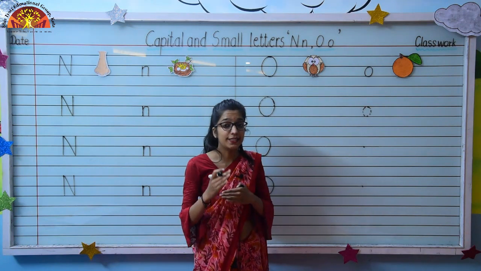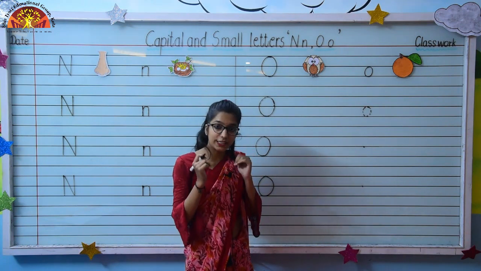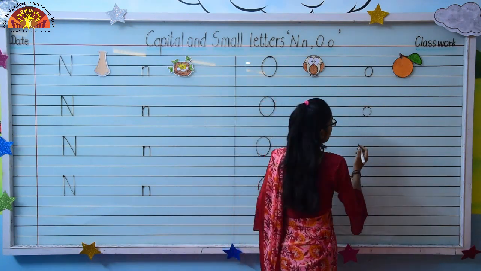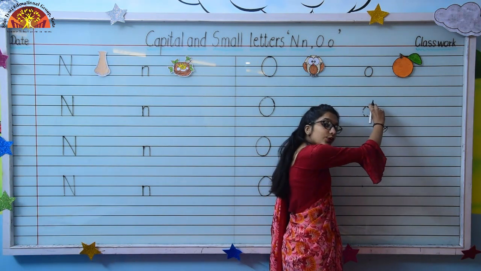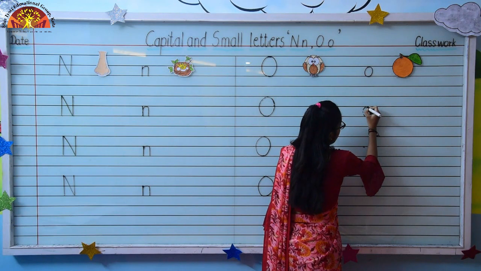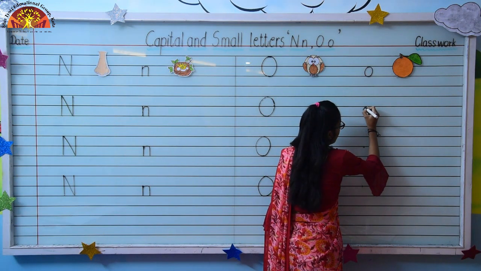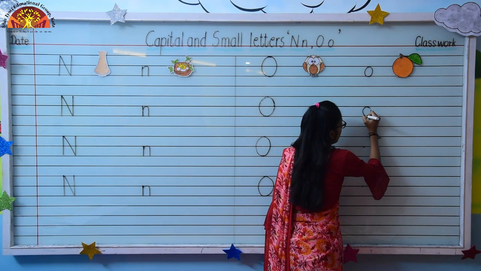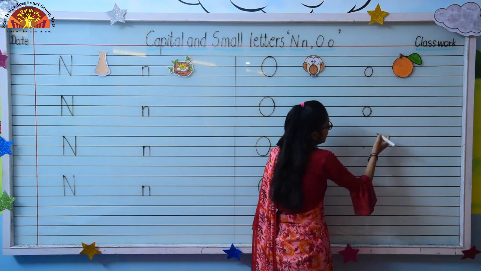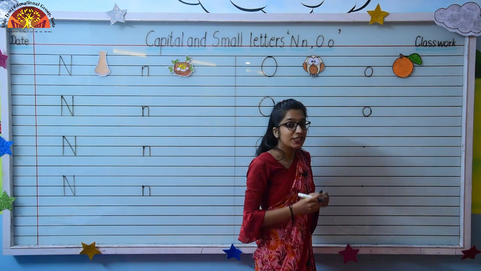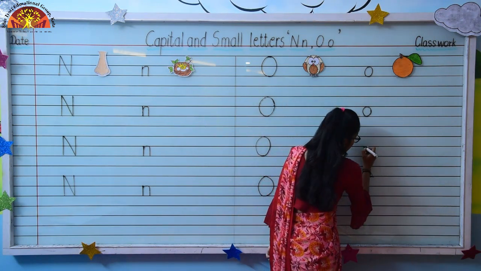Now kids, let's do tracing of small letter O. Look here. Now you have to write this letter in between these 2 lines only. Start from here. Make a small curve. One more small curve in the opposite direction and join. Now let's write on the dots.